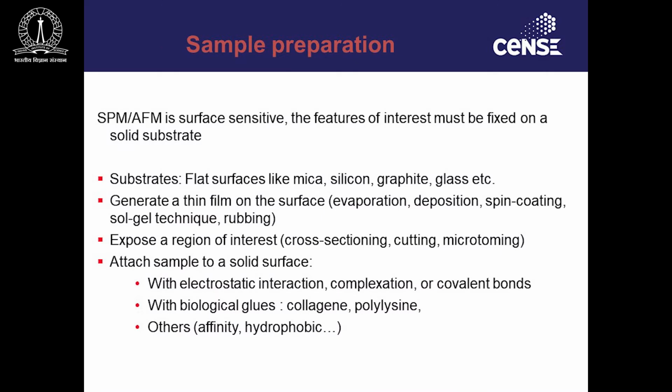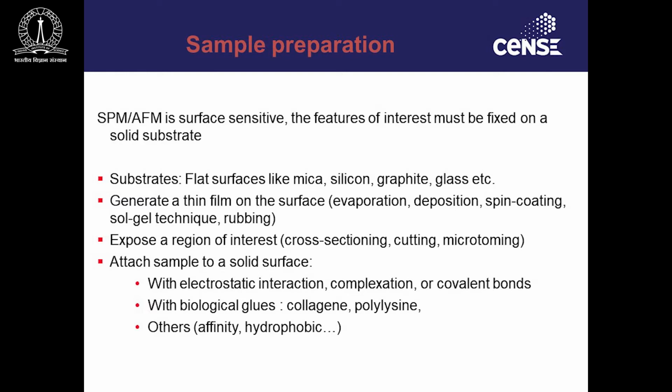modes. Coming to sample preparation, AFM is surface sensitive, and so the surface features shouldn't move. So we have to have a fixed substrate, and the sample that is there on the substrate also shouldn't move. So the general method of preparation is like this.